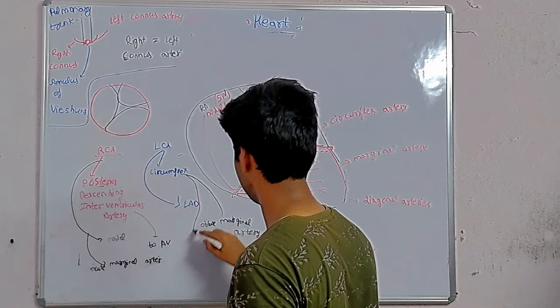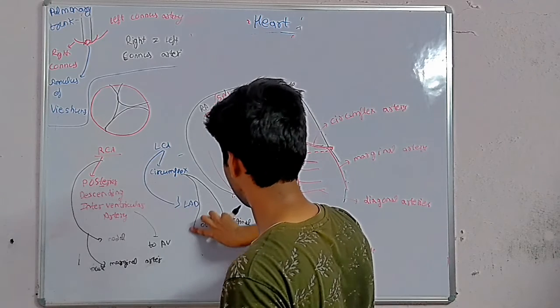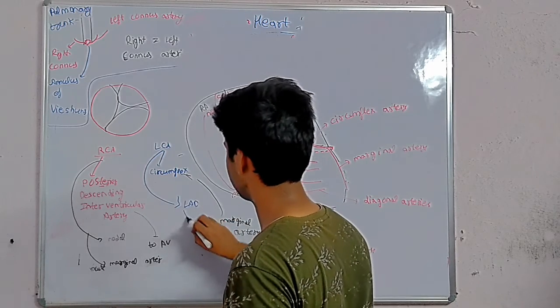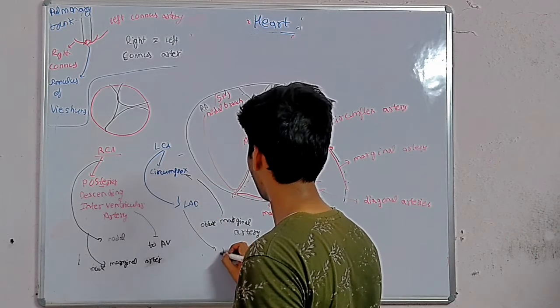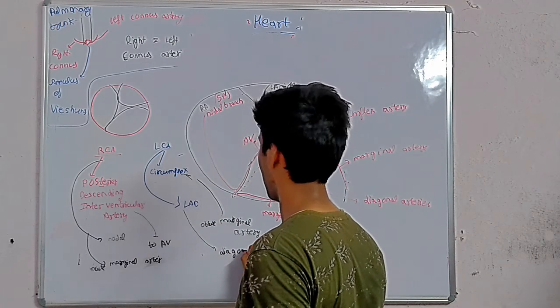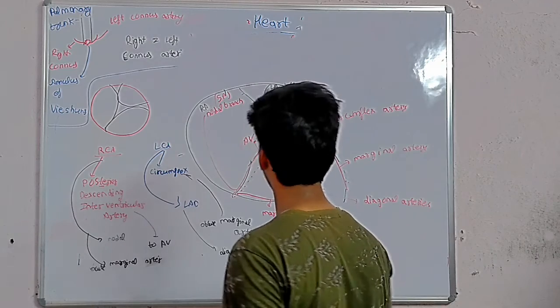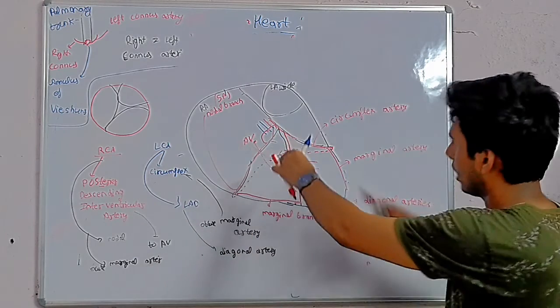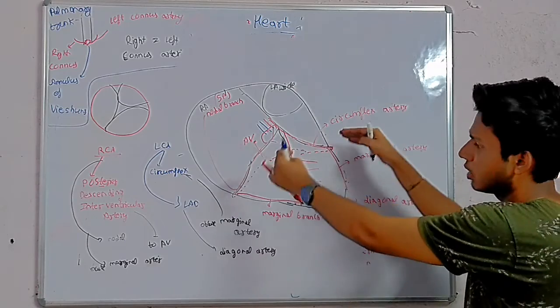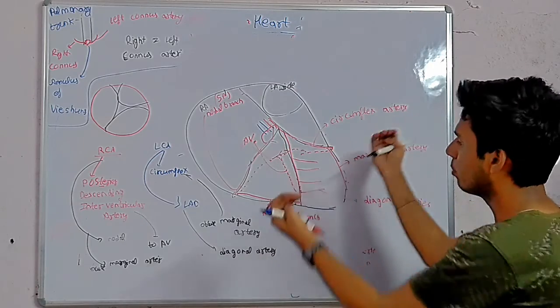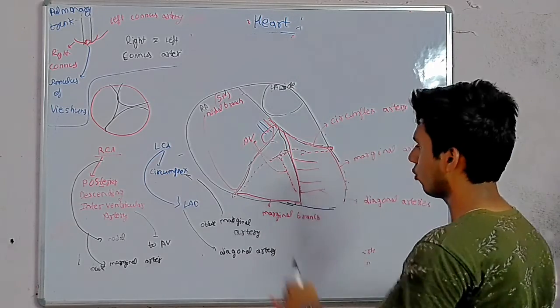And another, from the LAD, is the diagonal artery. Done. These LCA and RCA go in the posterior sulcus, the coronary sulcus, and go to the backside. They form an anastomosis.